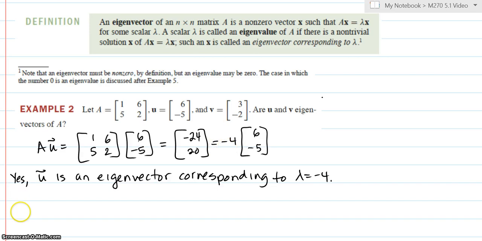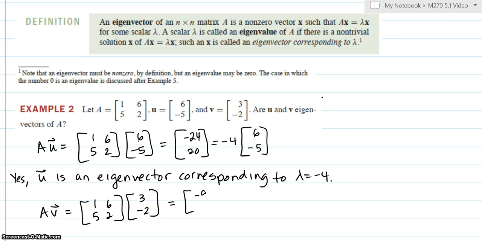What about v? Let's look at A times v. We multiply those together, we get negative 9, and for this one you get 15 minus 4, 11. This one's times negative 3, but that doesn't work there.